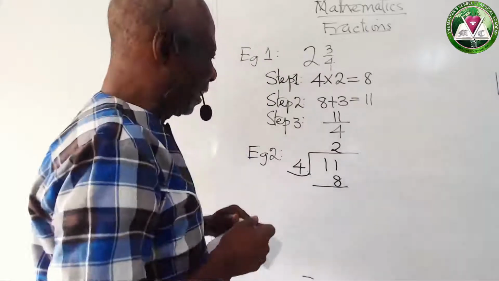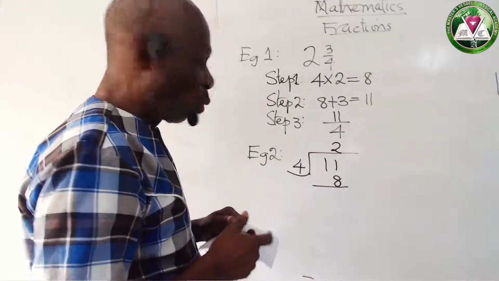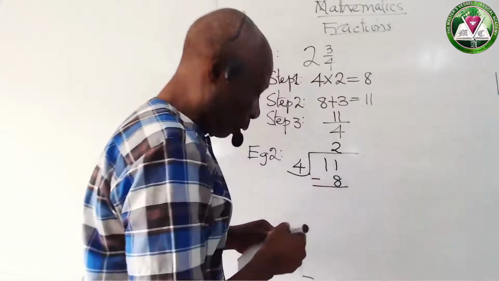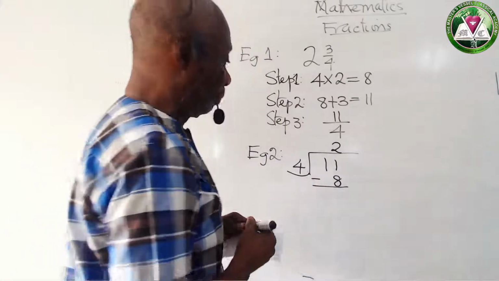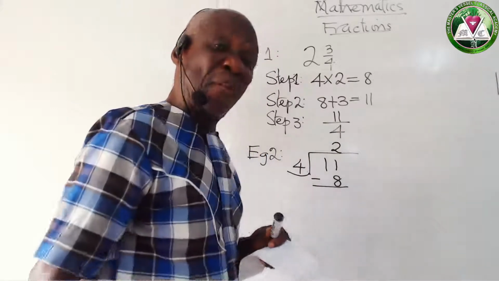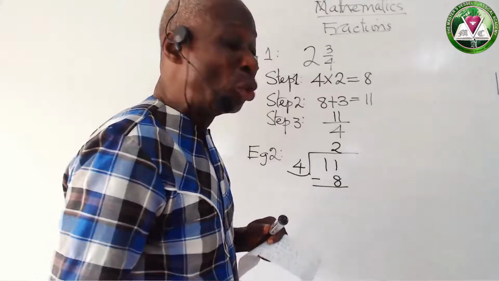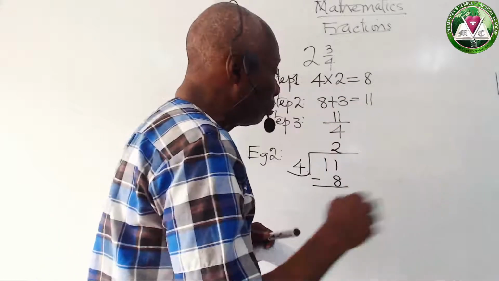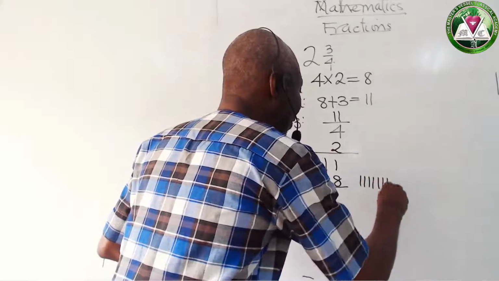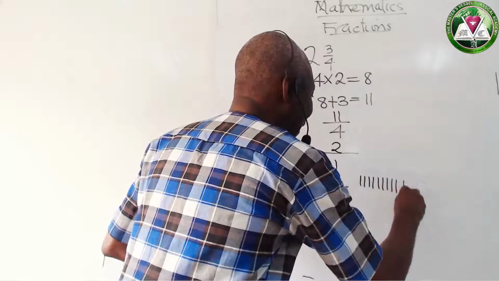What is the next work that we are to do? We are to subtract. Put the sign of subtraction so that you don't forget. 11, take away 8. There are people who find it very difficult to do that. Don't feel ashamed at all. Draw your usual 1, 2, 3, 4, 5, 6, 7, 8, 9, 10, 11.